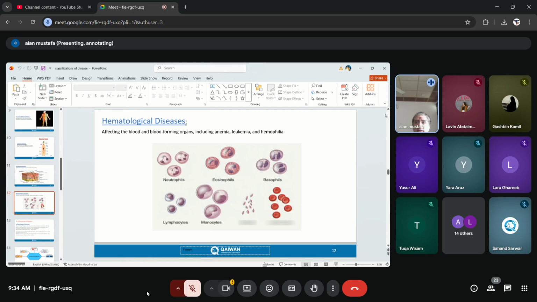Some of them are very lethal. Some of them, fortunately, can be treated, can be cured. But again, we see a lot of patients die from leukemia. Another one is hemophilia.